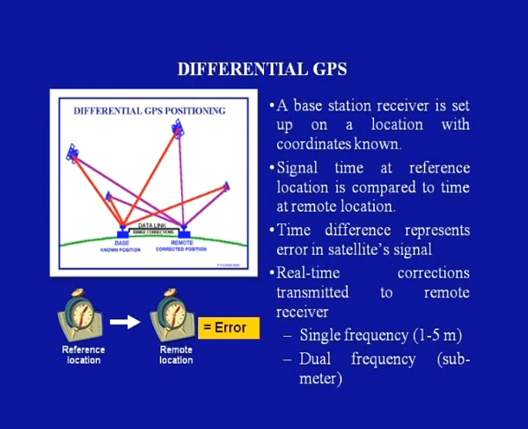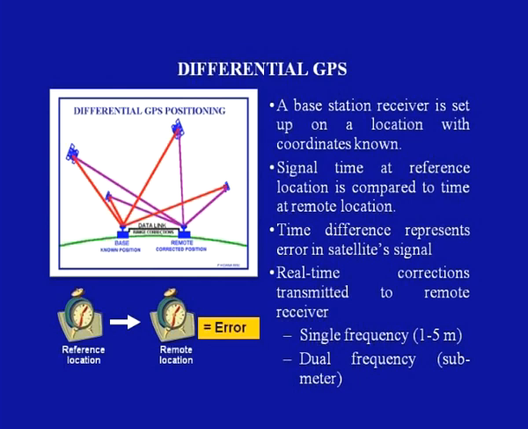It may be observed that both the GPS receivers, that is at the base and at the remote locations, are tracking the same satellite vehicles. A minimum of 4 is required. So, we can see that with the help of these 4 satellite stations, the error can be resolved between the reference location and the remote location in terms of clock time, because this is important in terms of resolving the biases which may have come into existence.